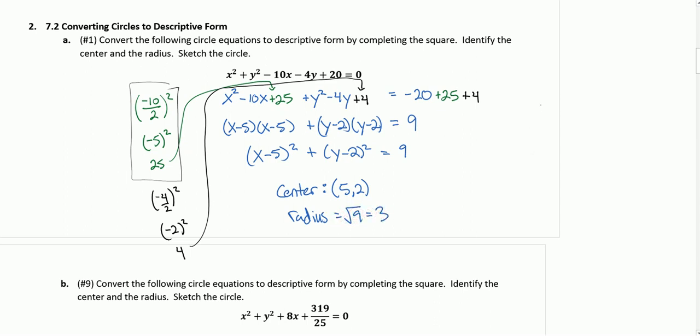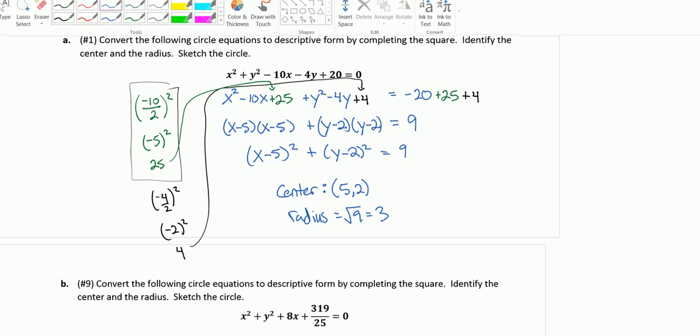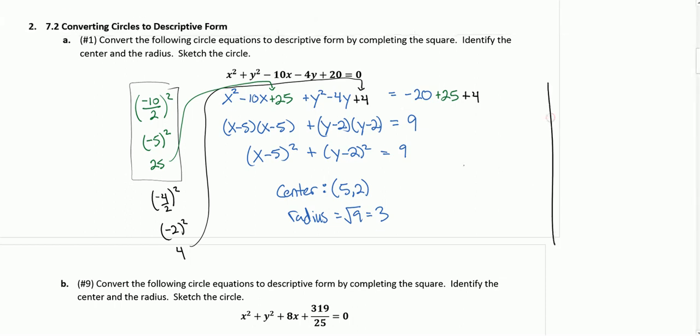And so we can sketch our circle here by first plotting the center at 5, 2, and then from the center going 3 in each direction. And there we have it.